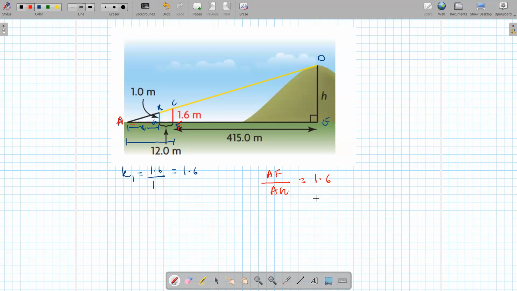What is AF in terms of x? X plus 12. Yeah. What is AG in terms of x?